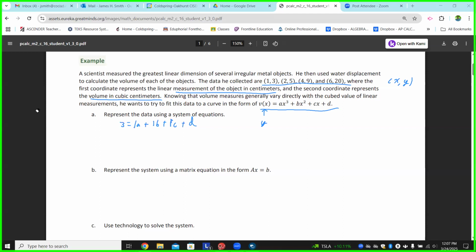Now, one thing I like to switch up to keep in our form is I'm going to put that 3 on the right side. Now, why would I put that equals 3 on the right side? Because what does that matrix represent typically? So when we make our matrices, what is the equals-to numbers typically? What matrix?